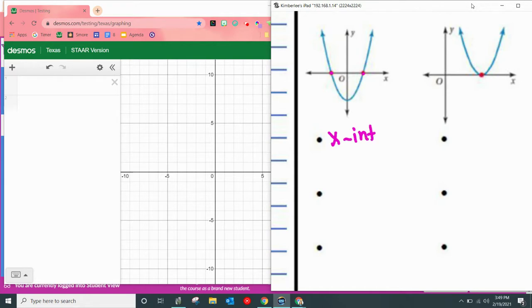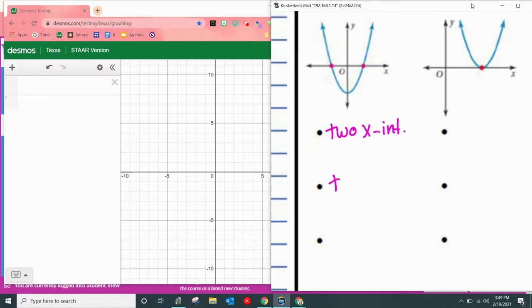Okay, so those are your x-intercepts. So what we need to remember is that if it crosses twice, then there are 2 x-intercepts for this one right here. And because it's crossing twice, well, your x-intercepts are your solutions. So this graph has 2 solutions as well.